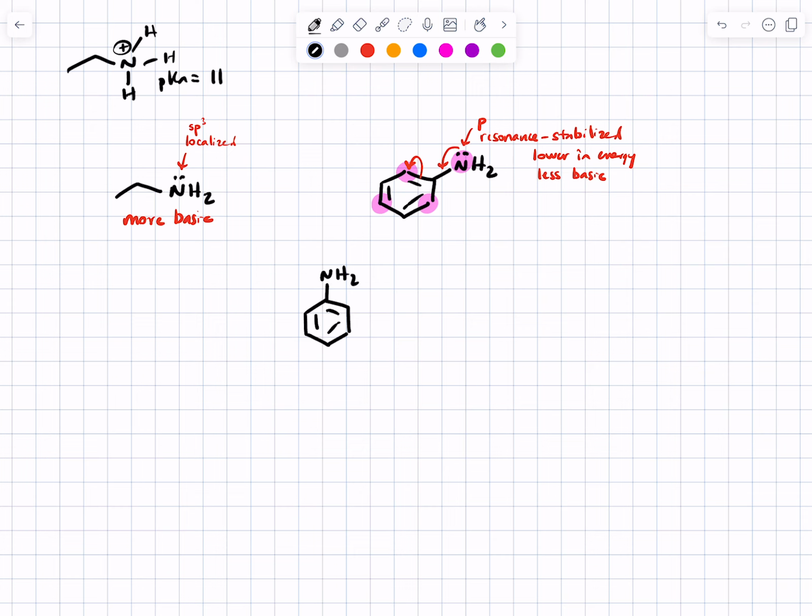You already know that the lone pair on aniline is resonance stabilized. I'm going to draw two different substituted anilines, one of which has a nitro group here at the para carbon, and one of which has an alkyl group at the para carbon.